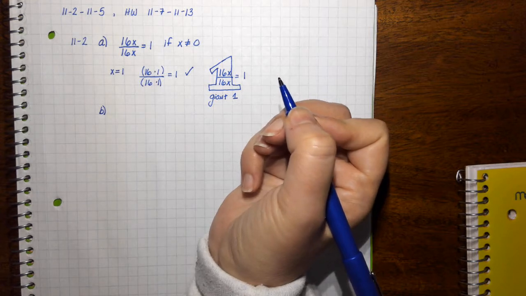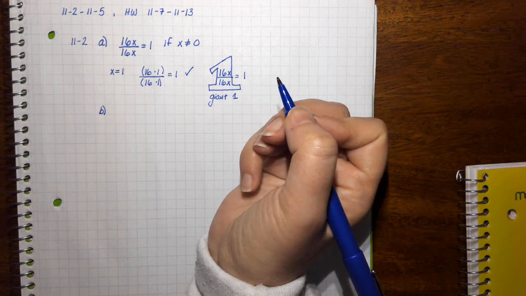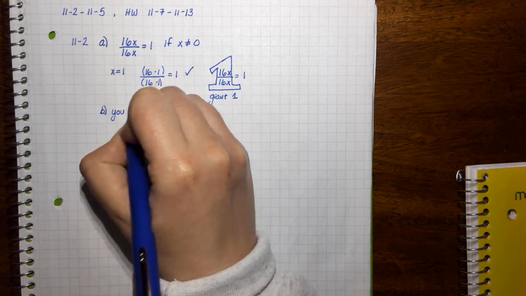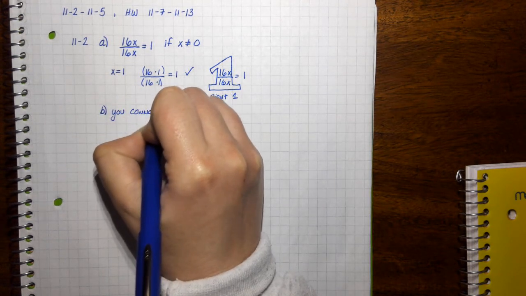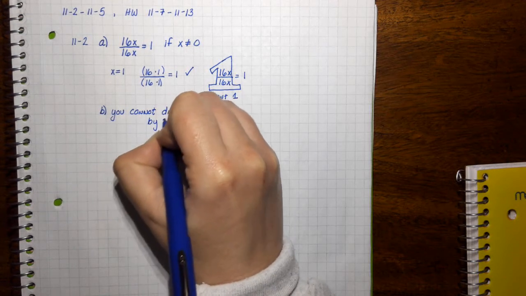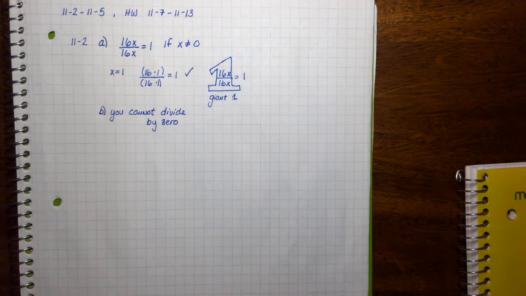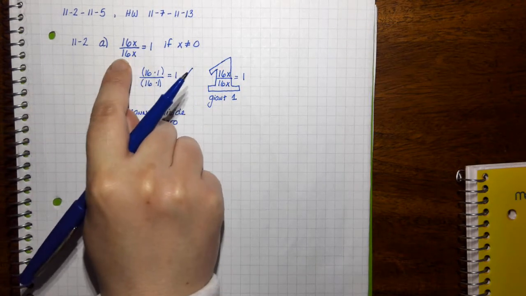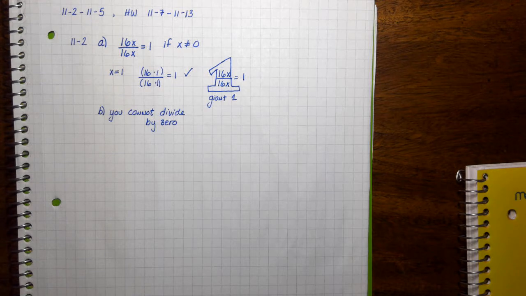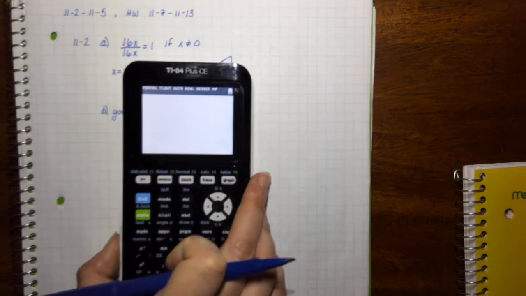B. Why can x not equal 0? Okay, so hopefully you guys know this. You cannot divide by 0, and if x was 0, 16 times 0 would be 0. Okay, if you don't believe me, believe the calculator.